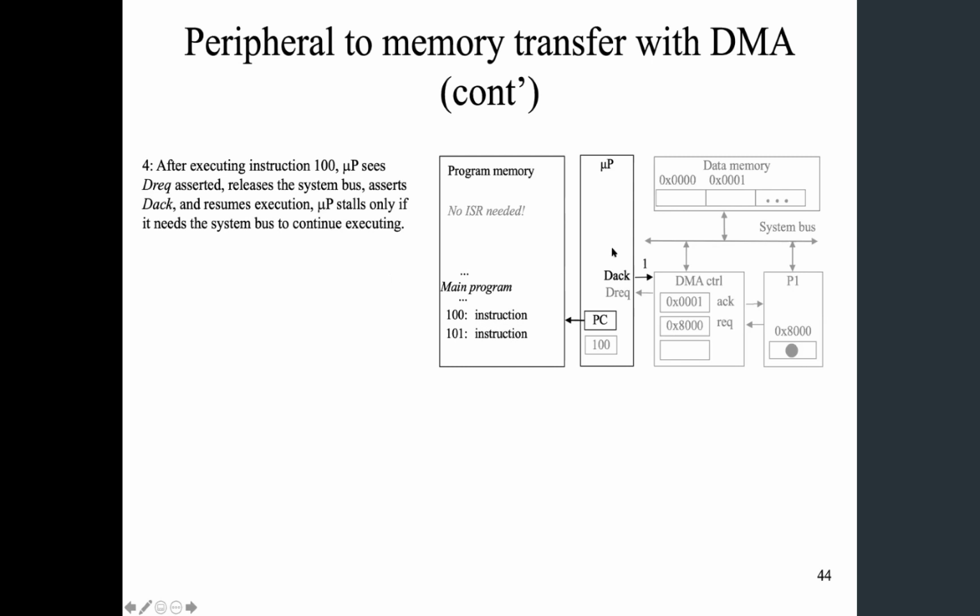If it does all these things without needing to access any of these other memory locations, it can proceed. If the microprocessor needs to access any of these memory locations, it will have to wait, because once it released the control of the system bus, it should not really access the system bus. So it's possible that the microprocessor will stop.